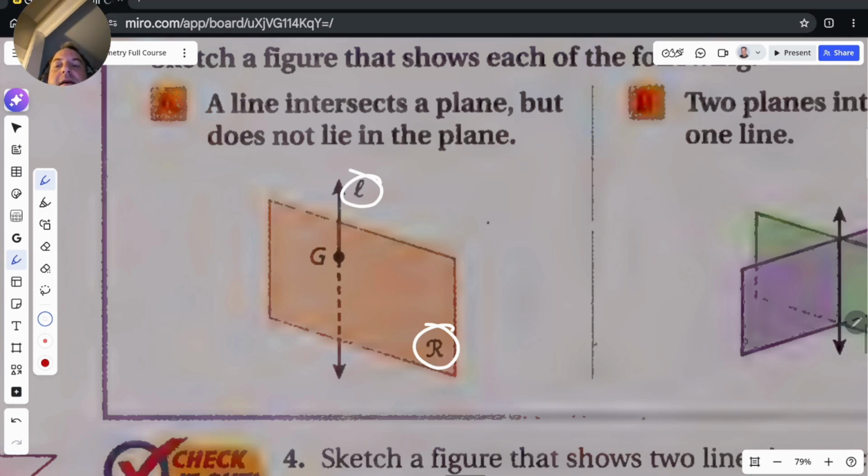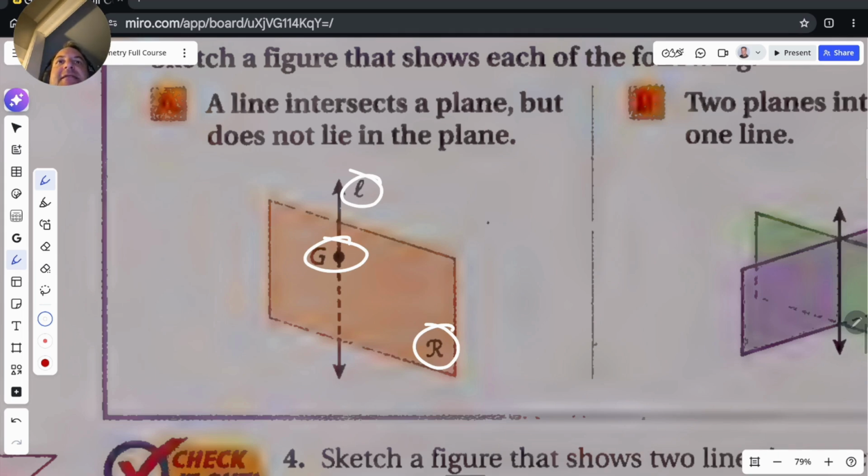Line L comes down from above the plane, passes through the plane at point G, and continues down below the plane. So the line touches the plane only at point G. Line L and plane R intersect at point G is how we can say that.